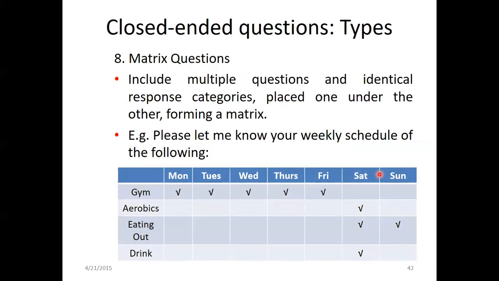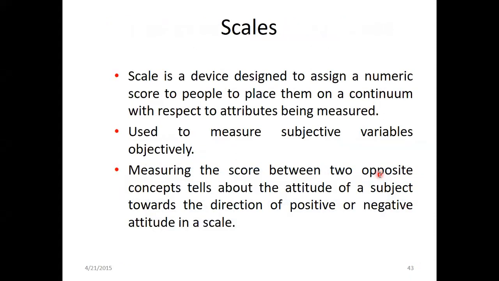So all these are types of questions. That's a matrix question. Now, scales. A scale is a device designed to assign a numerical score to people, to place them on a continuum with respect to the attributes being measured. Now, this is very important because most people do not understand how to use scales properly.